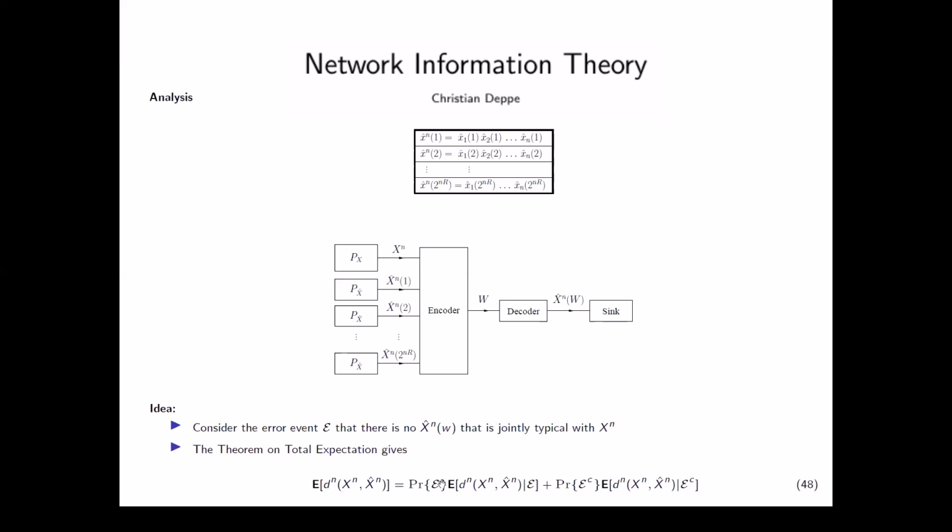That means we can write this as the probability of E times the expected value of the distortion under the condition of E, plus the probability of E to the C times the expectation of the distortion under the condition of the complement of E. E to the C means the complement, of course, of E. So the probability of E plus the probability of the complement is 1, so we can apply the theorem of total expectation.